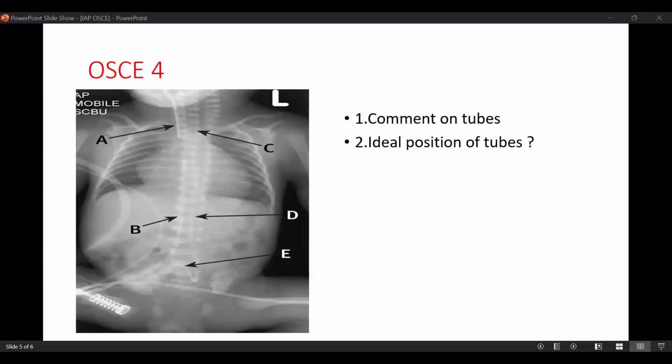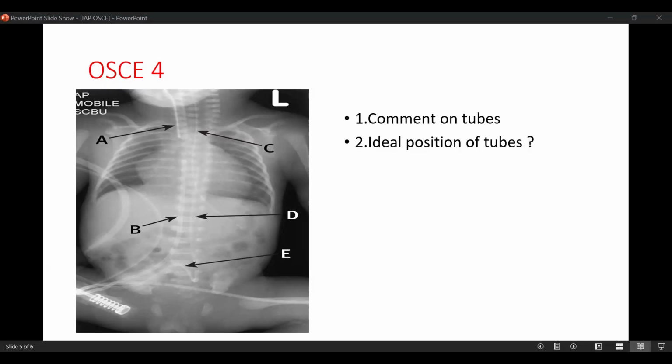And what are the other lines you are seeing? Yes, UAC and UVC.